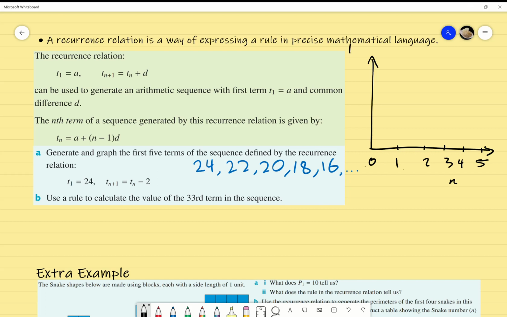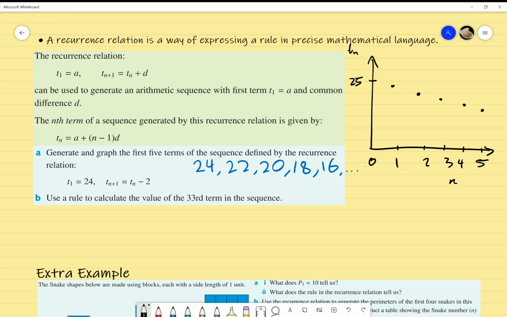And on this axis, it's Tn. There we go. Our first term is 24. That's the highest one, so I'm going to put that up here, 25. So 24, 22, 20, 18, 16, etcetera. Of course, it should be in a straight line because it's an arithmetic sequence.